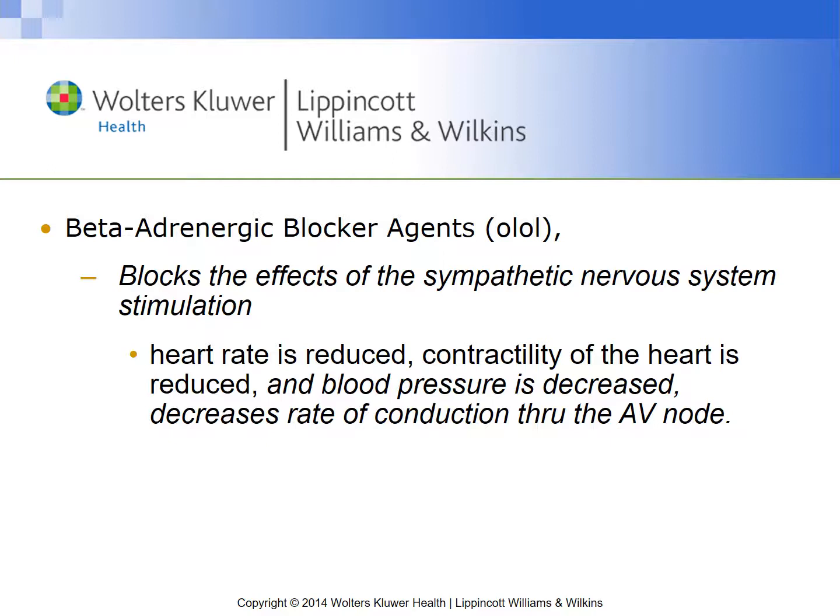Most beta blockers block both beta 1 and beta 2. Okay, so beta 1, remember, deals with the heart directly. You only have one heart, so beta 1 deals with the heart. Beta 2s deal with the lungs. The lung receptors cause bronchodilation, so if it blocks the beta 2s, then that would cause bronchoconstriction.